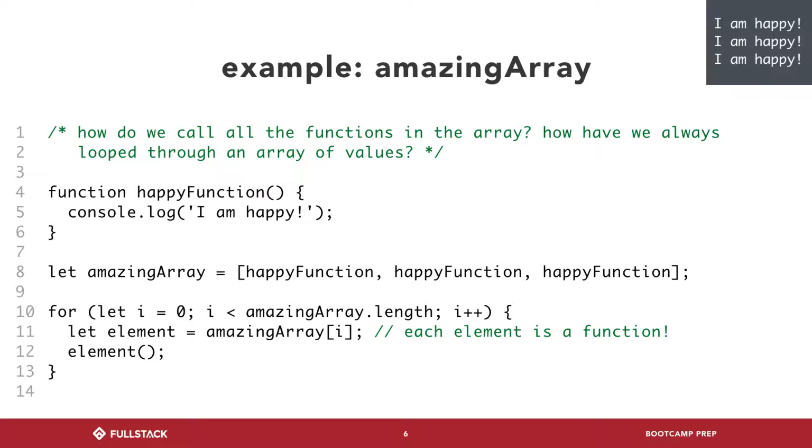And so once again, over here, when we create this amazing array, we're treating functions just like any other variables. And even down here within the for loop, we're treating these functions just like any other variables, in that we can treat them as variables or objects, but they also have this special thing where we can invoke them to get the value or have them do what it is that we want them to do.